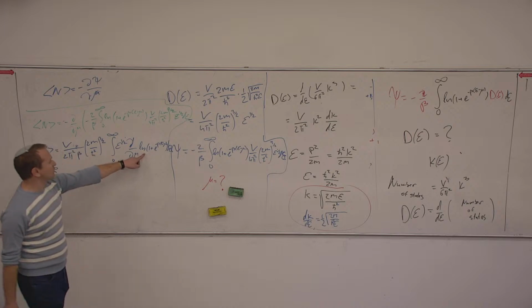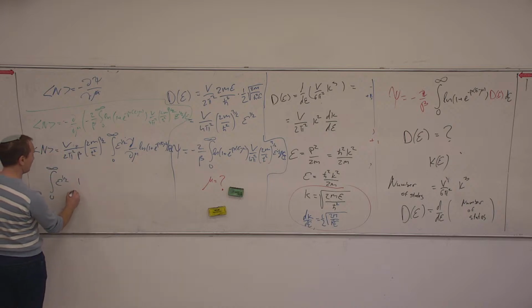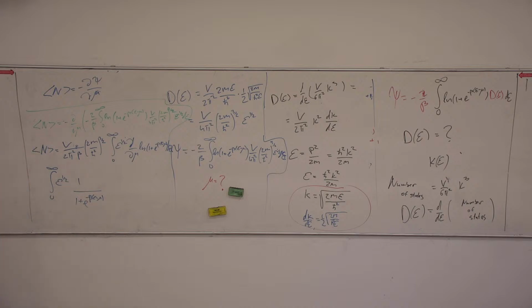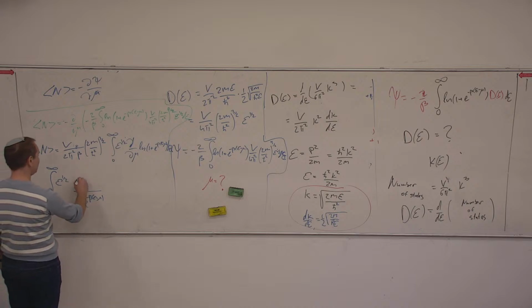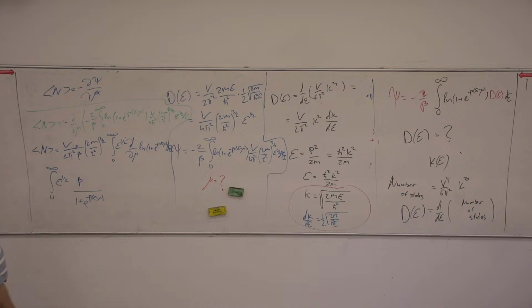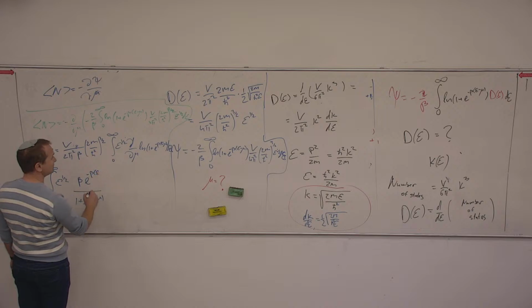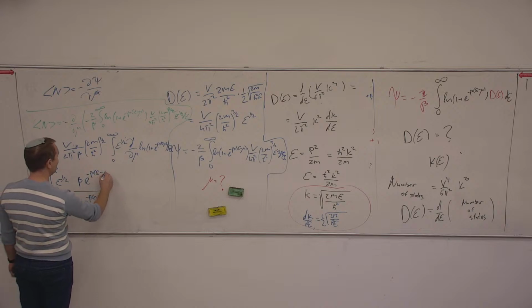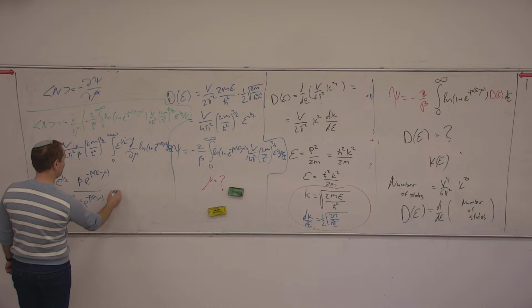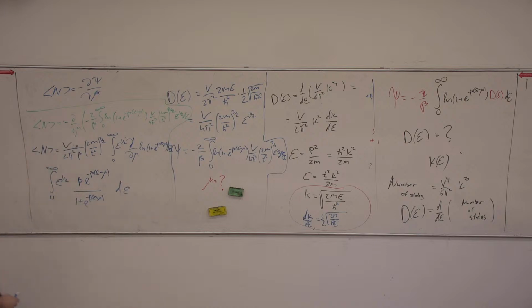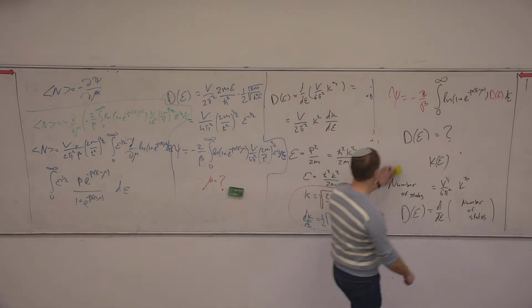Here we have a derivative with respect to μ, which is 1 over 1 plus e to the power minus β(ε minus μ), multiplied by β, e to the power minus β(ε minus μ) dε.